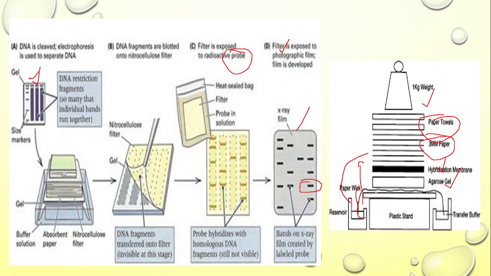When this occurs, DNA is also drawn from the agarose gel, and it gets stuck onto the nitrocellulose membrane. So it gets blotted. That is why you call this technique blotting. Since Edward Southern utilized this method for DNA, we call it Southern blotting.